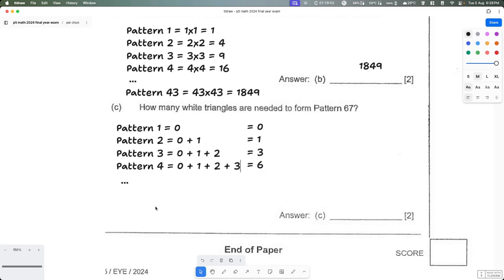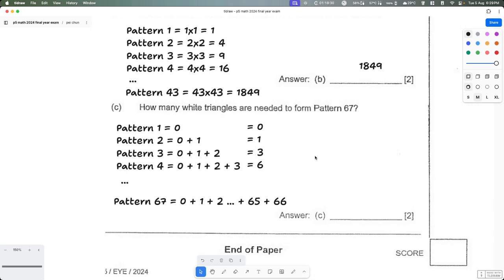So pattern 67 is equal to 0 plus 1 plus 2 dot dot dot plus 65 plus 66. This is what we want.